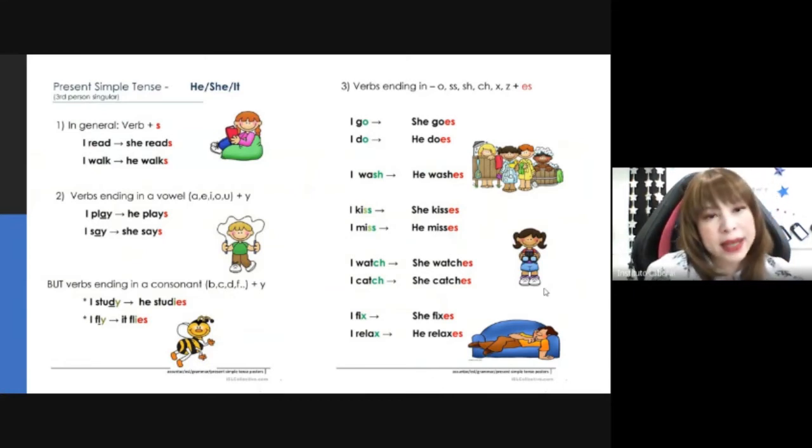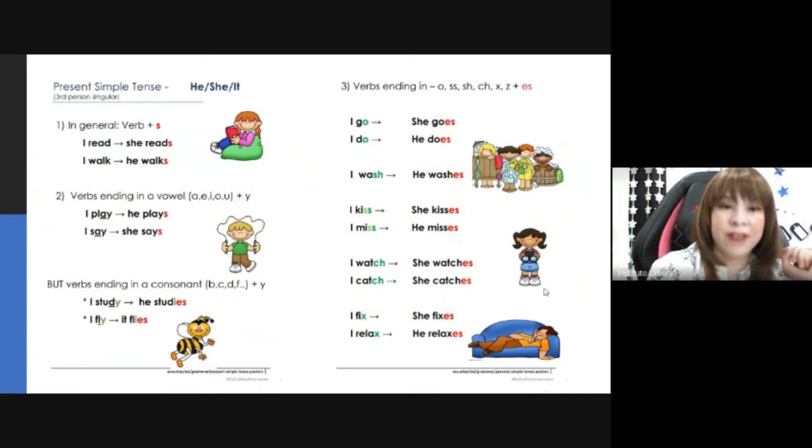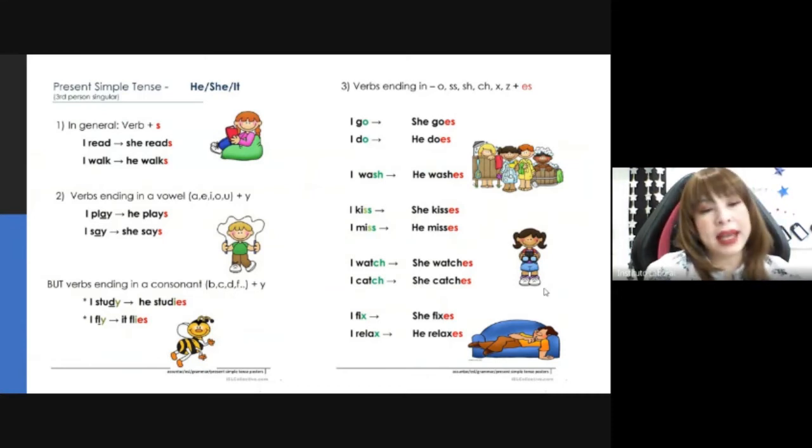But what happens if the verb ending is different? So we have rule number 2 and rule number 3. For verbs ending in a vowel, remember vowels A, E, I, O, U, plus a Y, then you just add the S. Like I play, he plays.